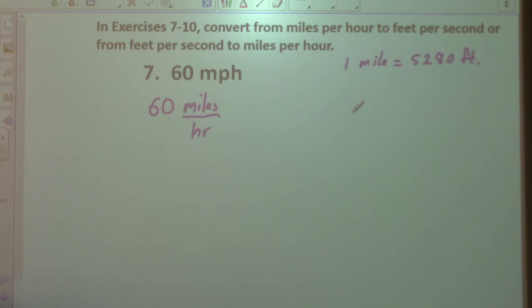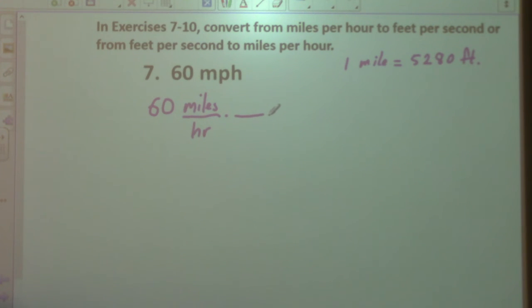We had 440-yard tracks. And 440 yards times 4 is 1760 yards, and 1760 times 3 is 5280. So we know that. So we're going to convert.